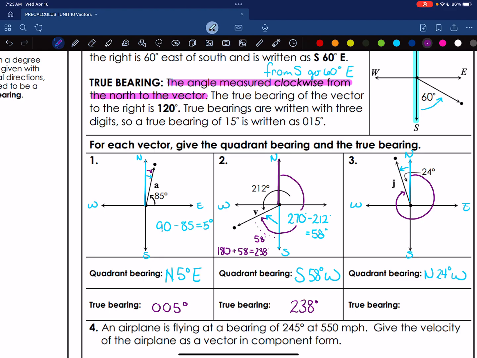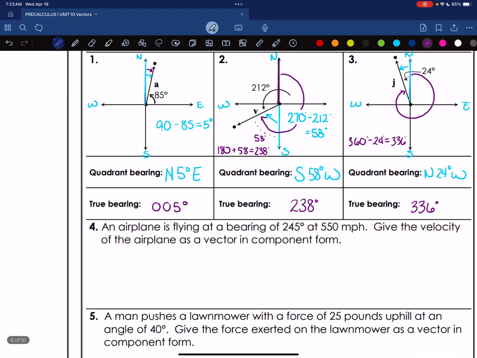If I take away the 24, this little amount in here, if I subtract that from 360, that's going to be that angle that I've marked in purple. And that is 336 degrees. And that is 3 digits, so we're good. We've got it in the correct format.